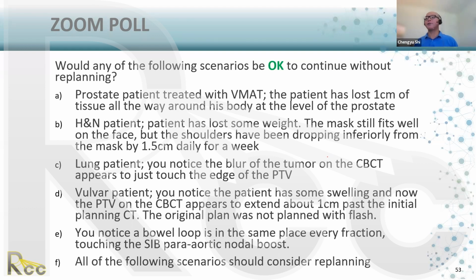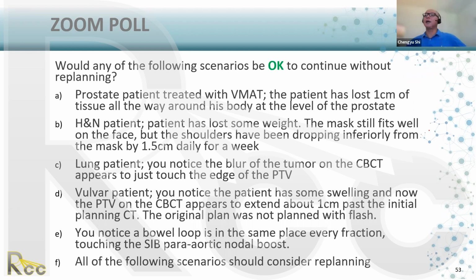Would any of the following scenarios be okay to continue without replanning? A, prostate patient treated with VMAT, the patient has lost 1 centimeter of tissue all the way around the body at the level of the prostate. B, head and neck patient has lost some weight. The mask still fits well on the face, but the shoulder has dropped inferior from the mask by 1.5 centimeters daily for a week.